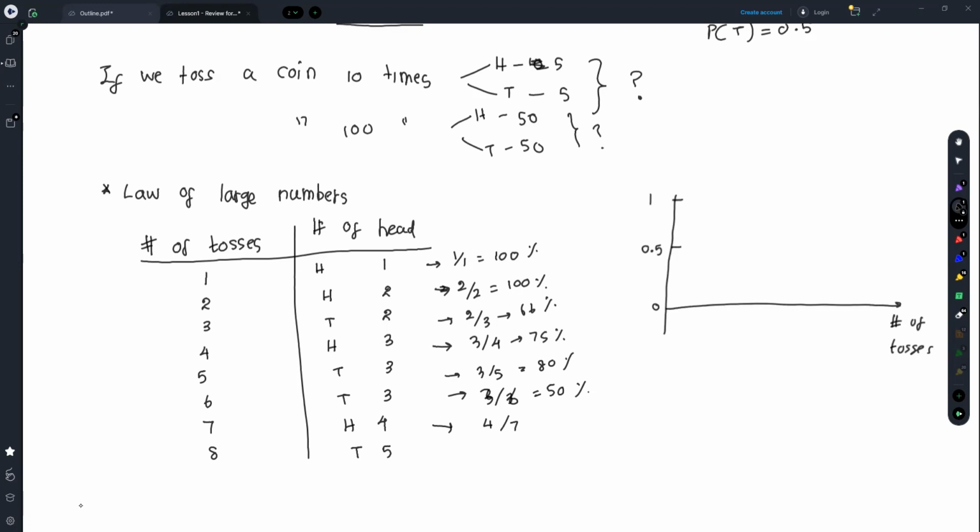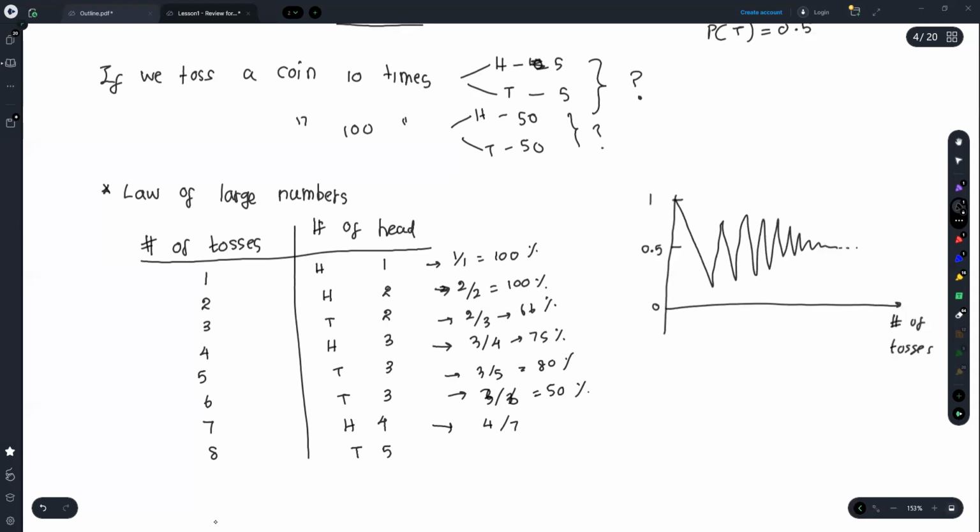If you do this experiment many times, you'll see the probability fluctuate like this, and eventually it will reach the value 0.5. Well, it will never touch. This is a convergence. So when the number of tosses goes to infinity, the probability of getting a head will reach 50%.